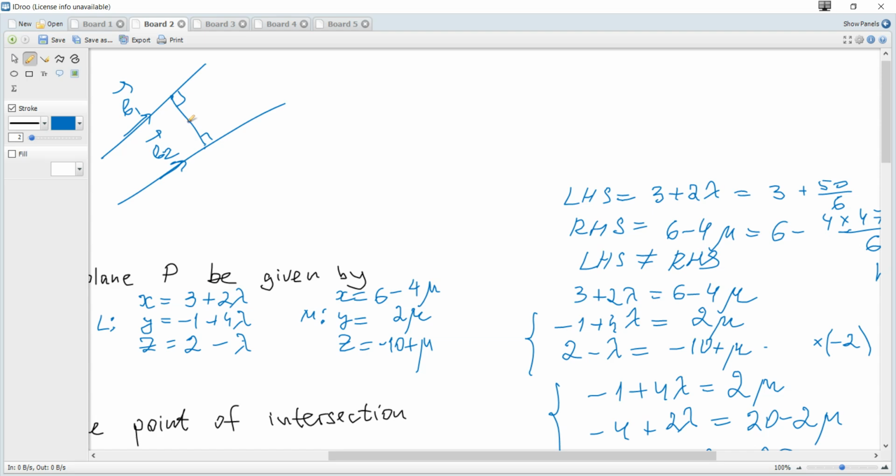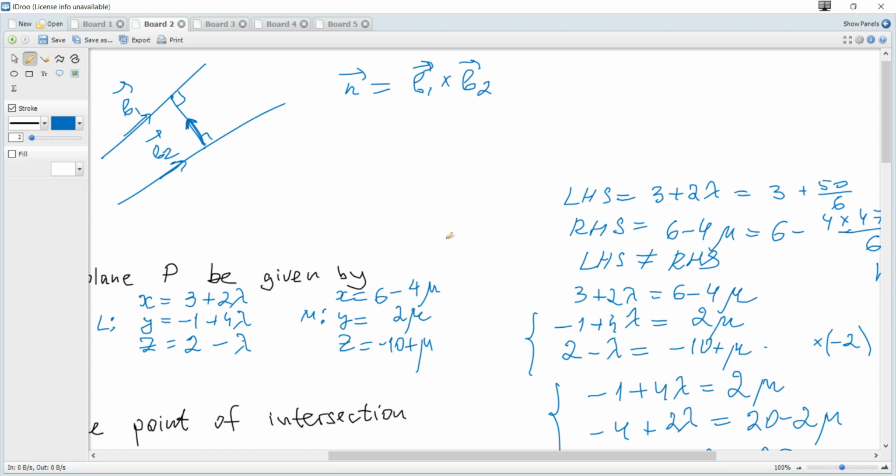So let this vector be n, and it's the cross product of b1 and b2.